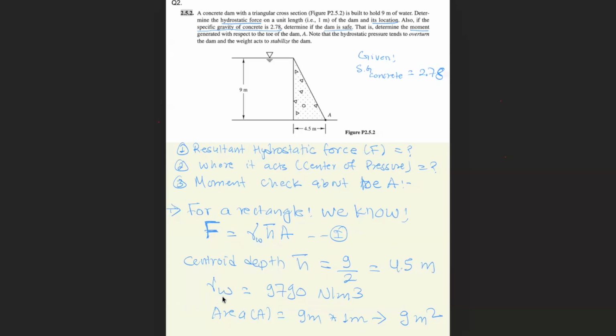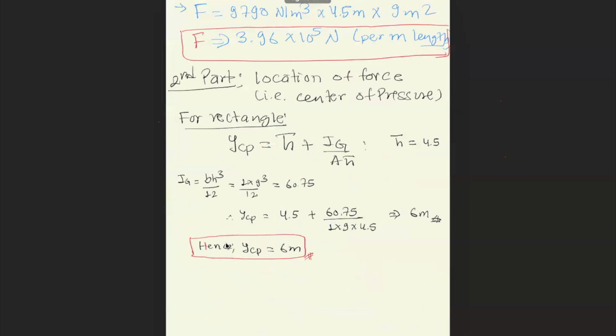We know the specific weight of water is 9790 Newton per cubic meter, and the area is 9 times 1, which is 9 square meters. Putting all three in equation 1, we get 3.96 times 10 to the power 5 Newton per meter length.